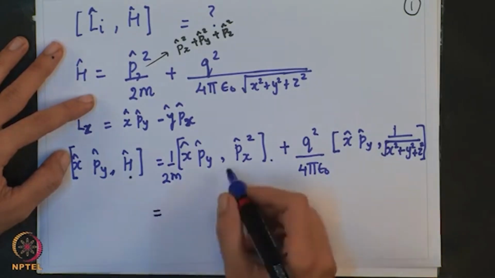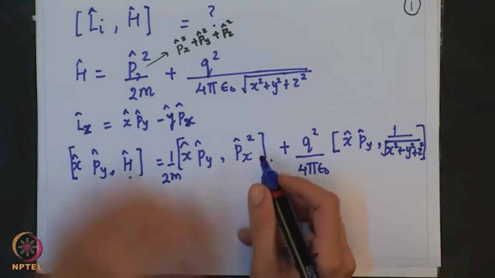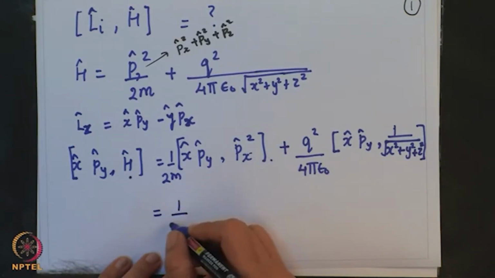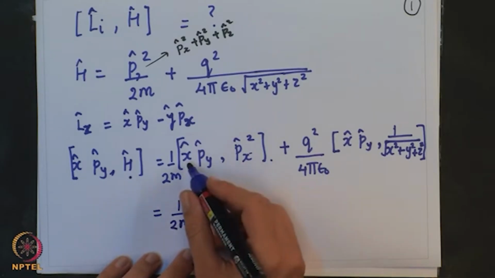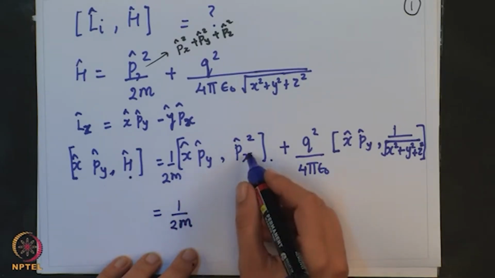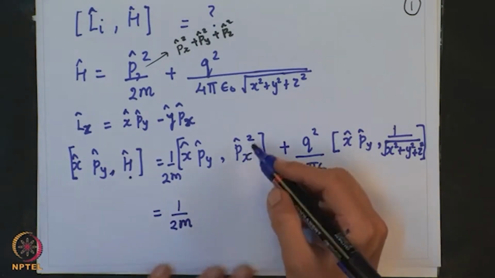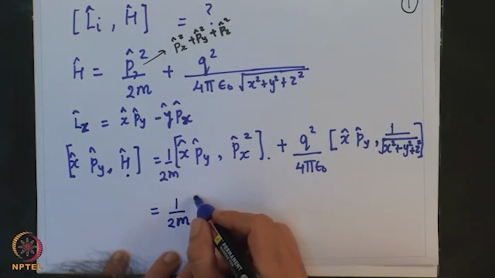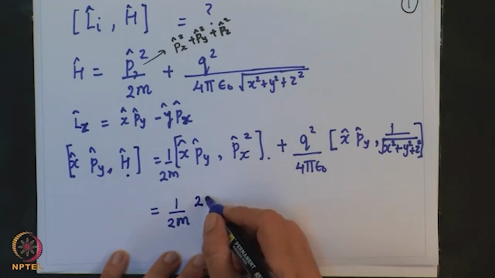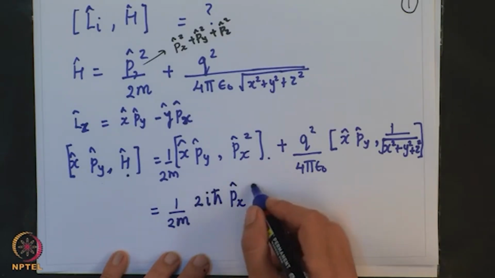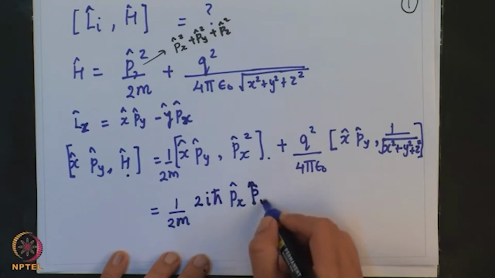Then we can recollect that this was equal to 1 by 2m. Remember this, and x cap and px square commute. So, we will have the commutation of x and px square, that is 2 i h cross px cap, and you have a py.